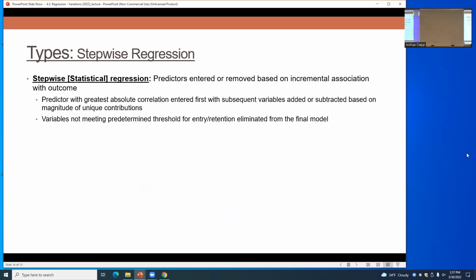Depending on the type and the way you've set this up, generally what's happening is the predictors with the greatest absolute correlation get entered first, and then variables are added or subtracted based on their incremental contribution to your outcome. If you have variables that aren't meeting some threshold for entry, those end up getting pulled out of the model.